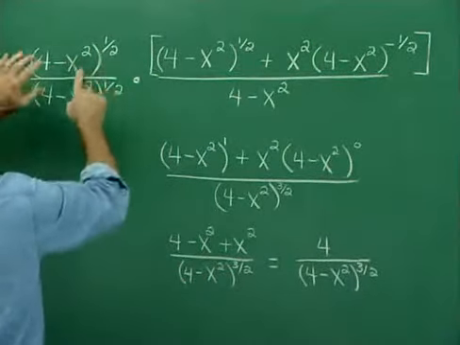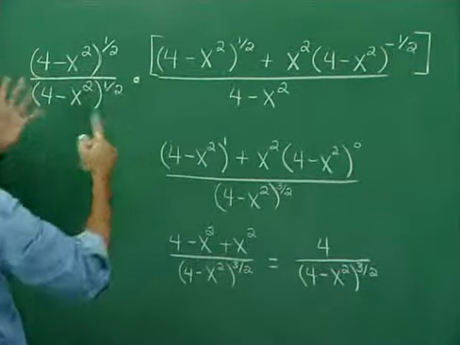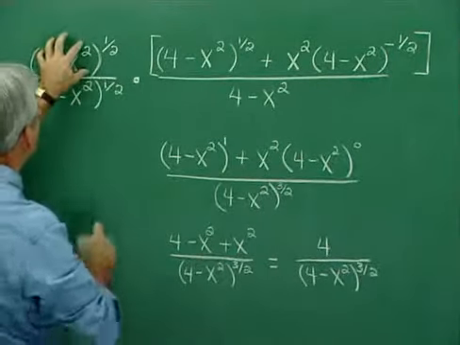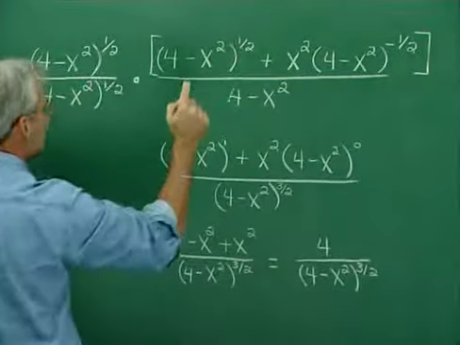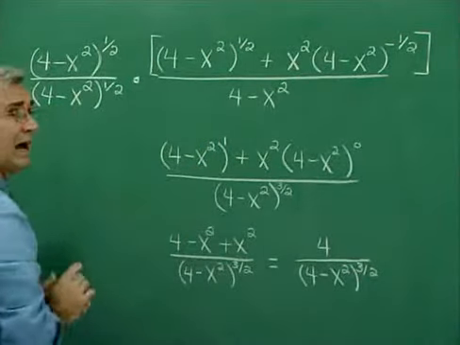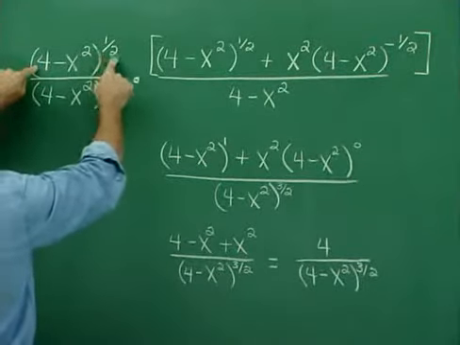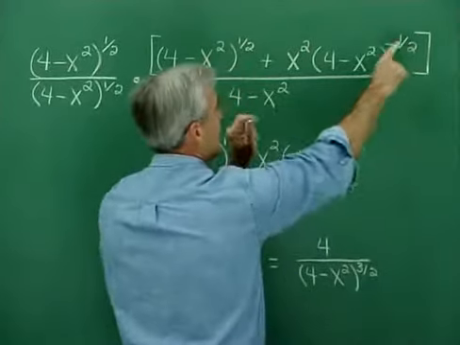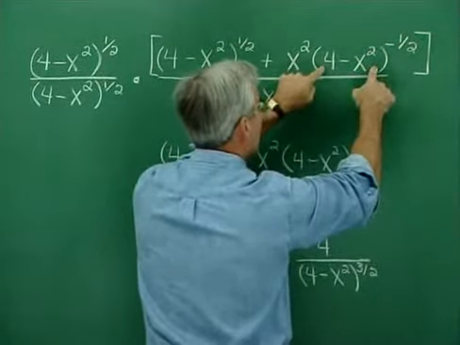All right, now we have these common bases, or this binomial is the same, so all we're doing is manipulating exponents. So 4 minus x squared to the 1/2 times 4 minus x squared to the 1/2, we're adding the exponents, so it's 4 minus x squared to the 1 power. And then, as expected, the 4 minus x squared to the 1/2 times this business gives 1/2 minus 1/2, giving us 0 as the exponent on 4 minus x squared here.